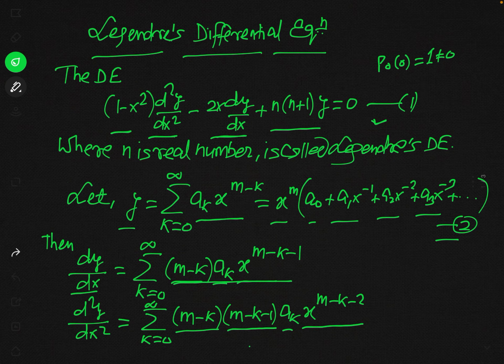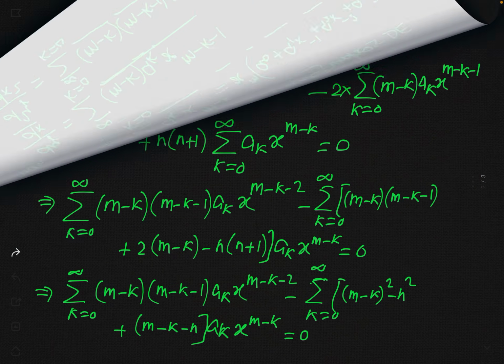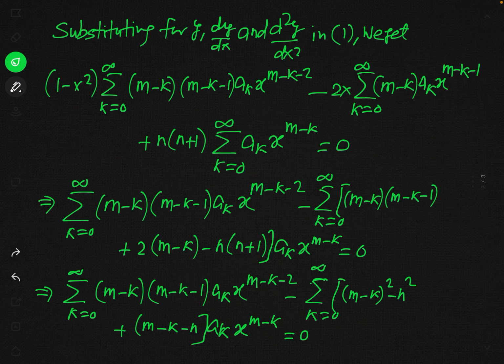Now we know the values of y, dy by dx, and d2y by dx square, so we will simply substitute them in this equation, which is Legendre's equation.